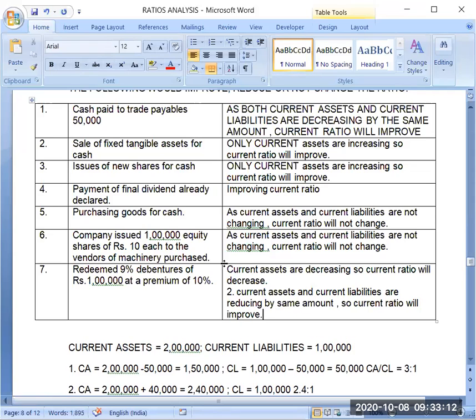So there can be two answers to this transaction, and you should write both answers. I will suggest that. But you should write the assumption on which you are answering. Here you can write in brackets: debentures not treated as current liability.